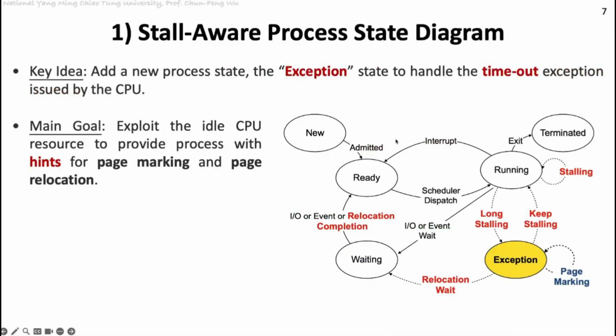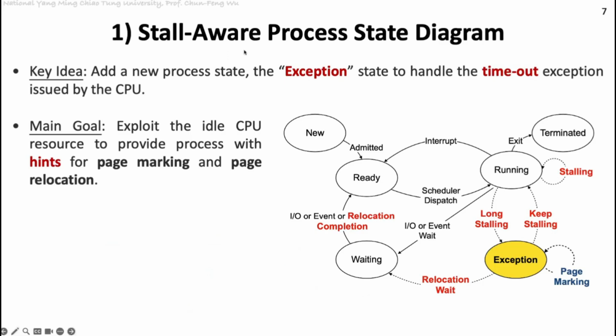We have another assumption: the new CPU can include a timer. The timer ticks every time the CPU is going to access the memory. When the timer goes over 60 or 70 nanoseconds, it will trigger an interrupt to interrupt the CPU core.